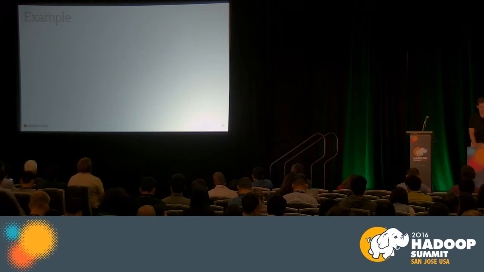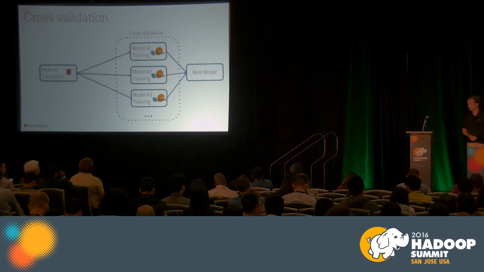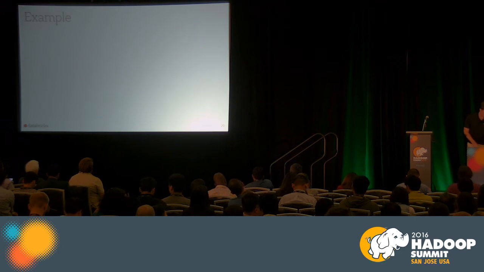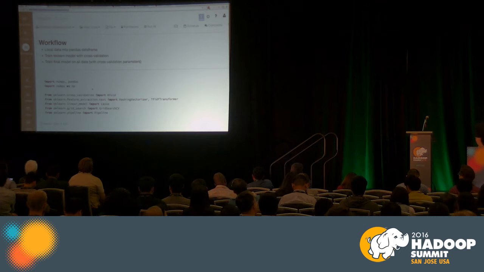And finally, you can let Scikit-Learn do the extraction of the best model out of that, and just use Spark under the hood within your pipeline. Let's see, I have a quick example here on what it means.